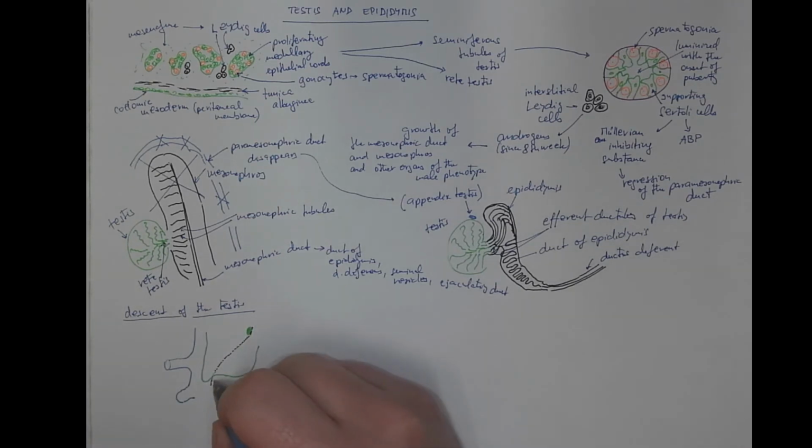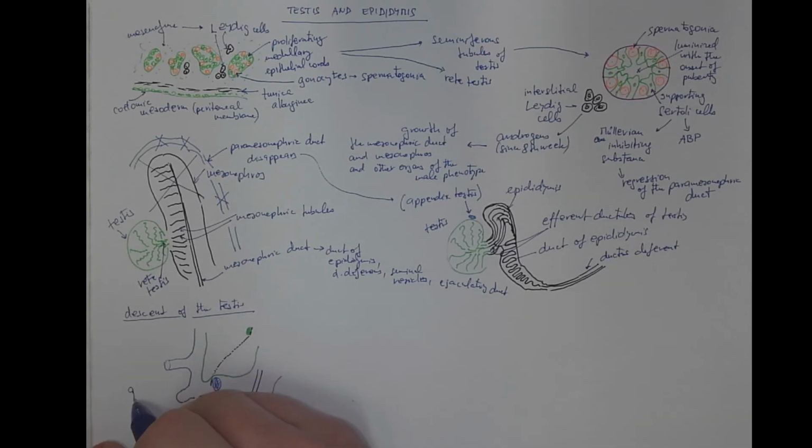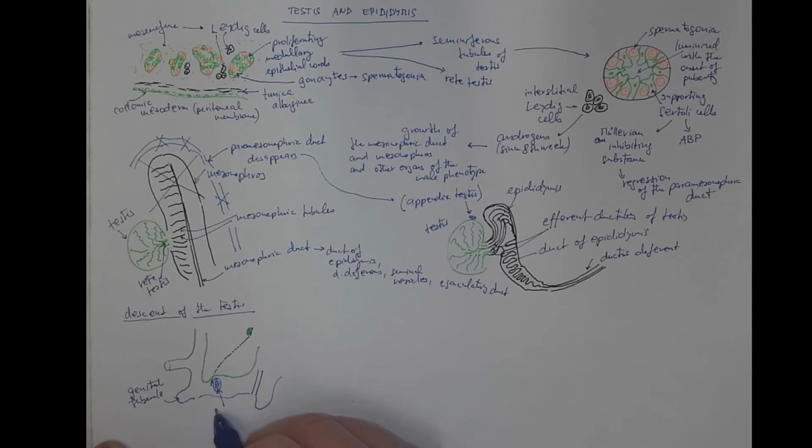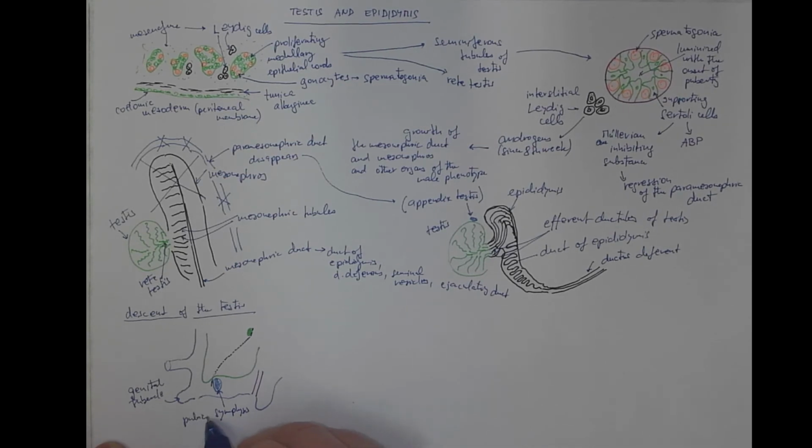Here will be the pubic symphysis, and here will be the rectum, with the anus and the perineum. So this is the genital tubercle. This will be the pubic symphysis. This will be the anus.